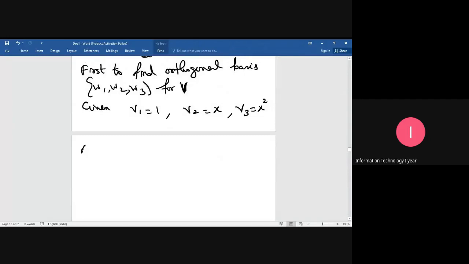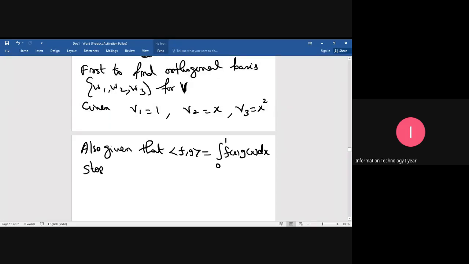So also given that inner product of f comma g is actually defined as integral 0 to 1 f of x g of x dx. So we follow 3 steps for finding w1, w2 and w3.